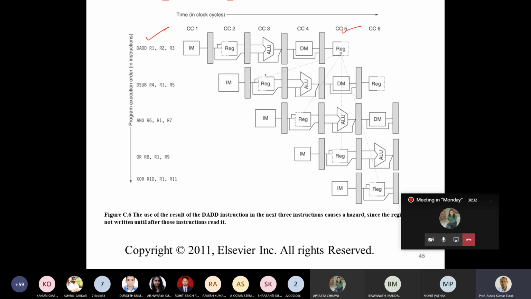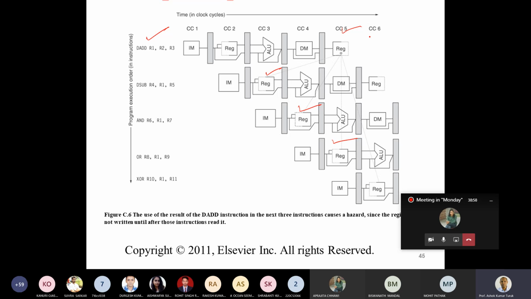The subtract instruction needs the value of R1 in clock cycle 3, the AND instruction needs the value of R1 in clock cycle 4, and the OR instruction needs the value of R1 in clock cycle 5. There is no problem with the OR instruction because registers are read and written in half of the clock cycle.